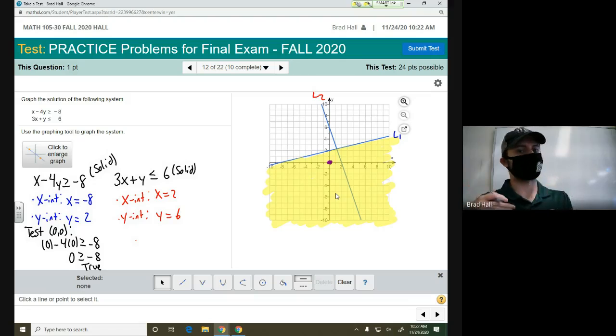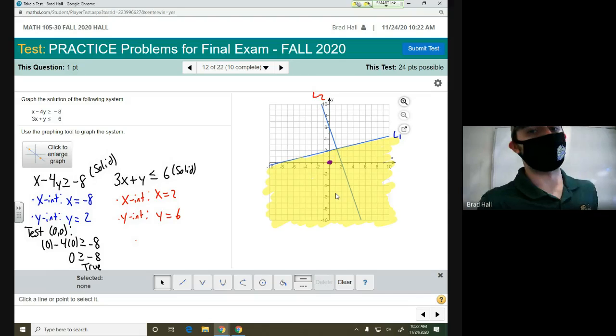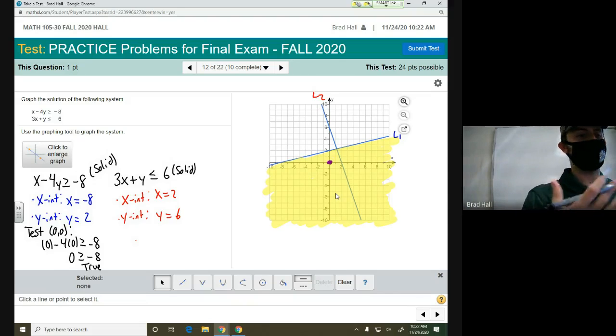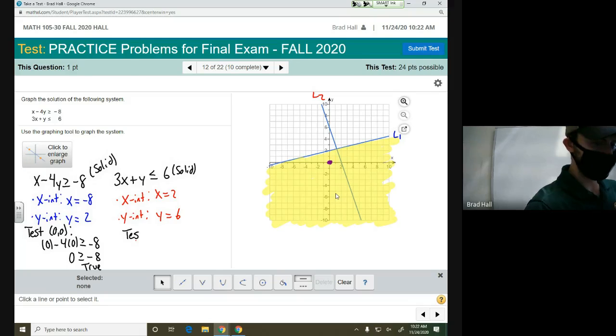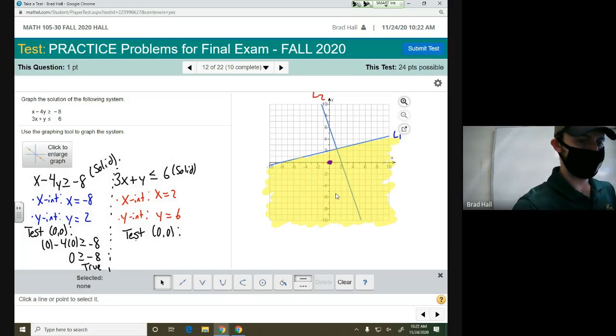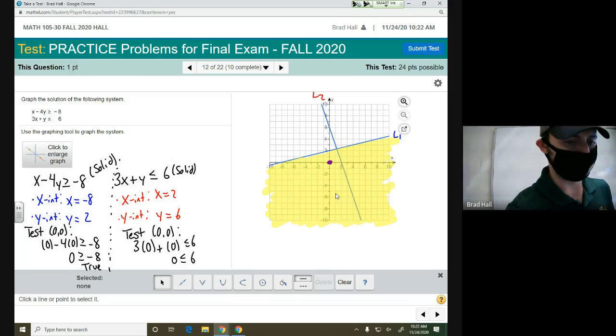We just split the number of options in half. And now the red line will tell us whether we shade closest to the origin for that corresponding line or away from the origin. So we're going to test 0, 0 for the red line. And so this is 3 times 0 plus 0 is less than or equal to 6, or in other words, 0 is less than or equal to 6, which is true.